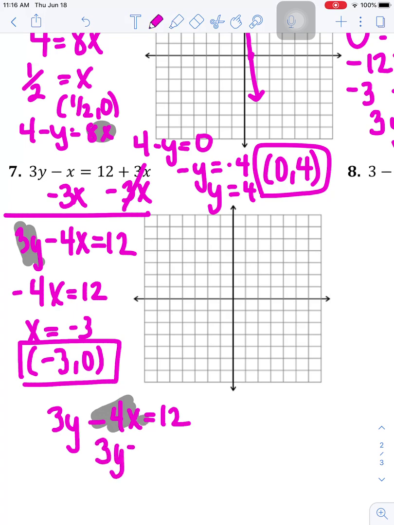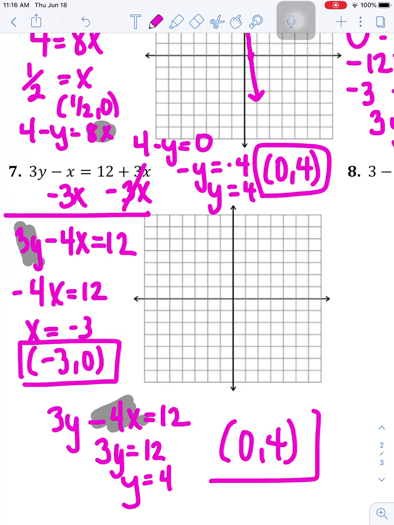That leaves you with 3y equals 12, so therefore y is 4. And we could go ahead and plot our points on our x and our y axis and draw your line, and then you are finished.